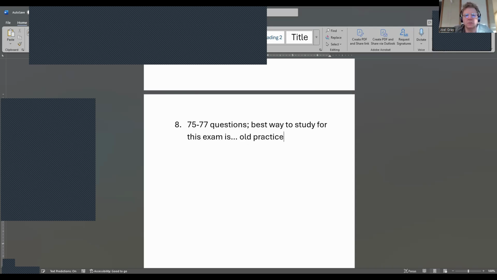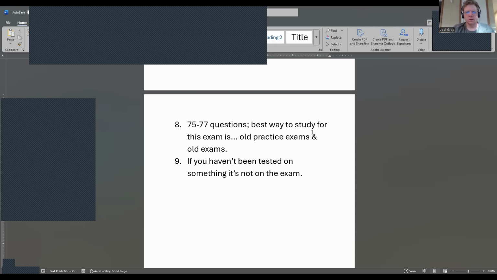Best way to study for this exam is old practice exams and old exams, the ones that you've taken this semester. The reason for that is if you haven't been tested on something, it's not on the exam.